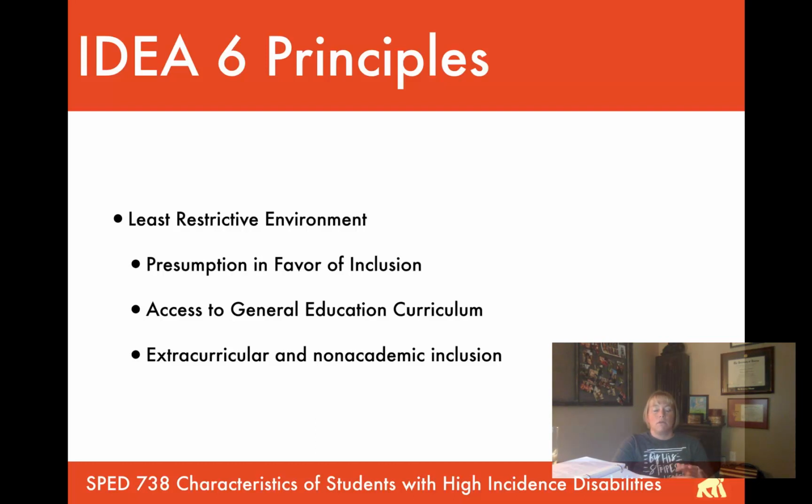All of these, for the most part, appropriate interactions that their peers are having, they're not getting that because they're in a pull-out program and they're not seeing that in the resource room. So inclusion provides access to the general ed curriculum, but it also provides access to these typically developing peers who are forming social relationships, who are demonstrating what it looks like to learn and work appropriately. Those are really important things for our students to see.